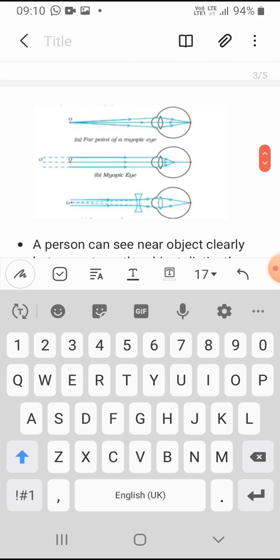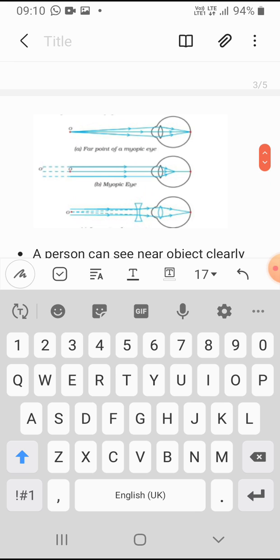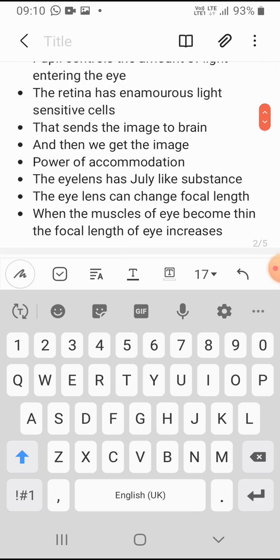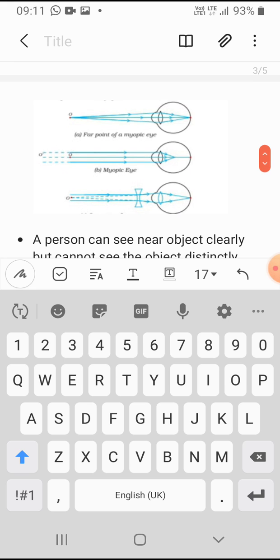So if you put the concave lens in front of the eye, the image comes to the concave lens. It goes from the concave lens to the lens of the eye, the pupil. On the pupil it falls, and there it diverts and goes to the retina correctly. But here it comes straight and gets diverted in front of the retina.